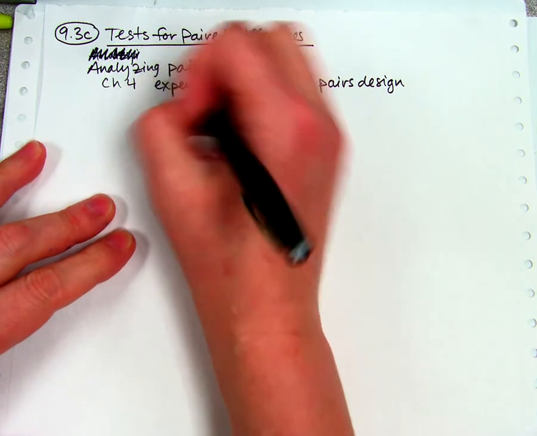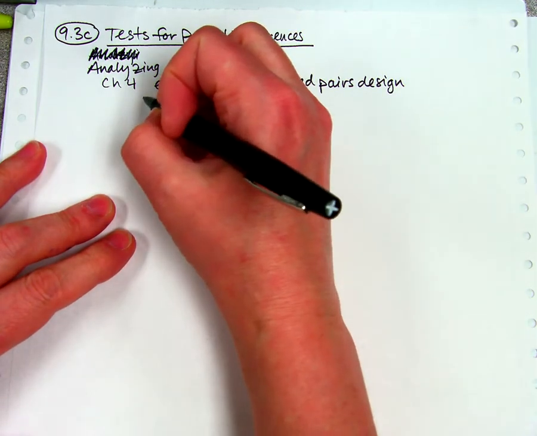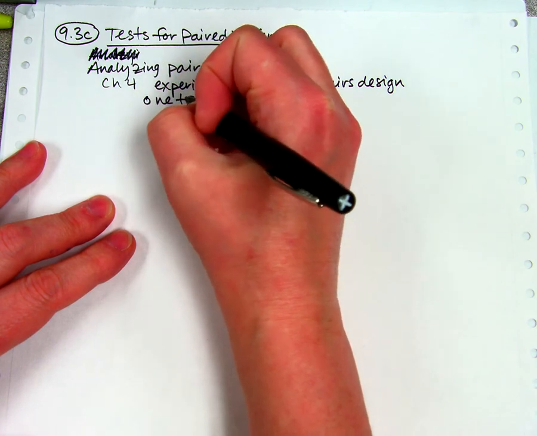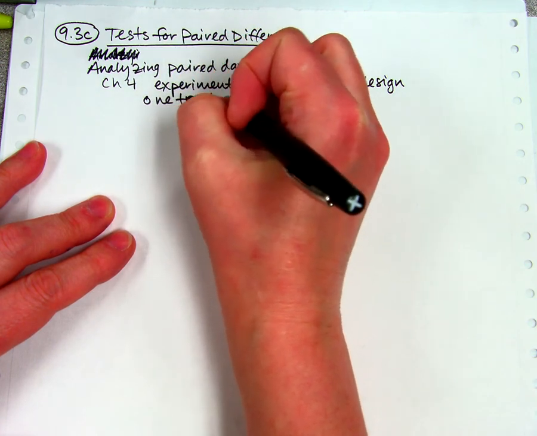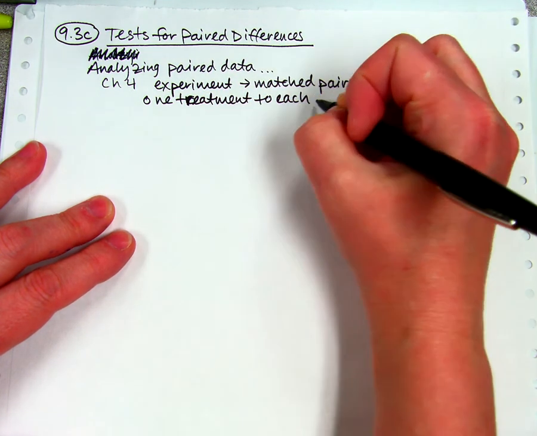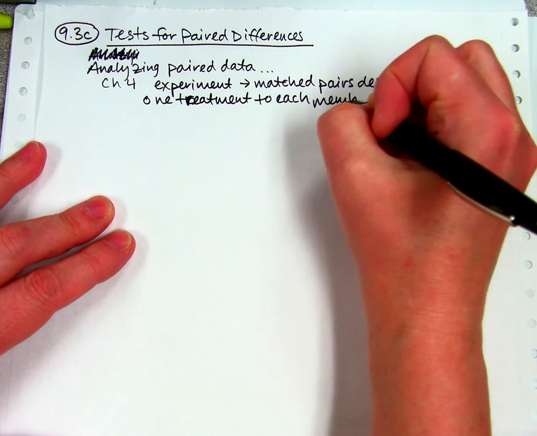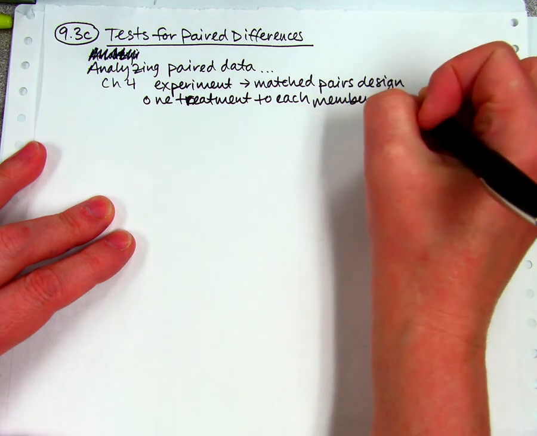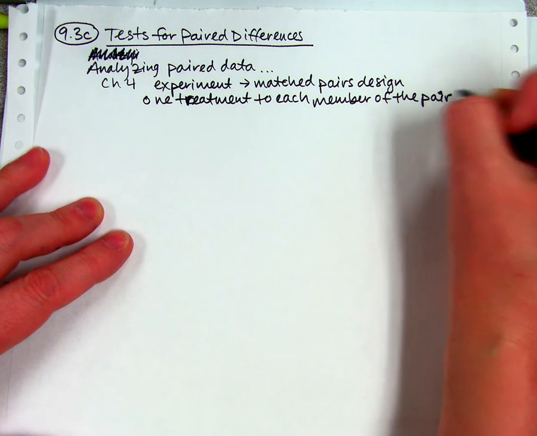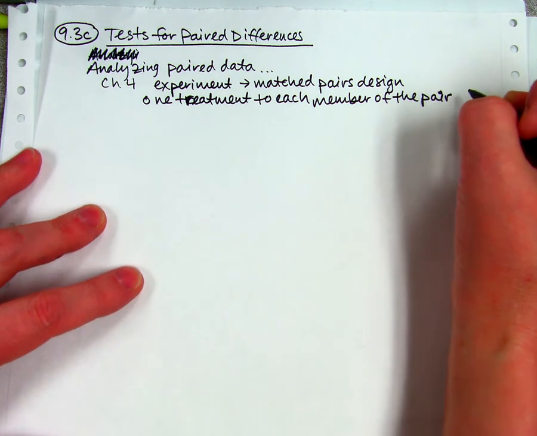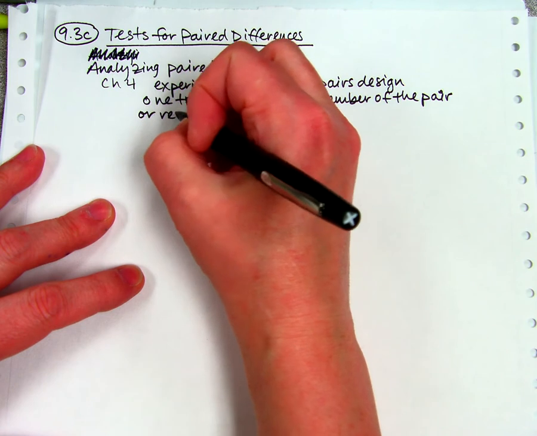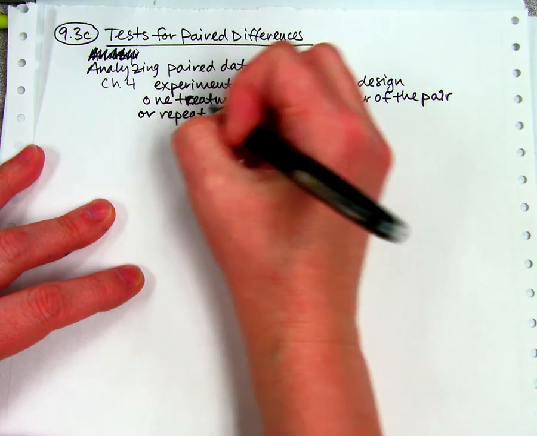So in an experiment with matched pairs, basically you give one treatment to each member of the pair. And remember, we're pairing them up based on some characteristic that is similar about them. Or often we do it with repeated measures, which means the same subject gets both treatments.